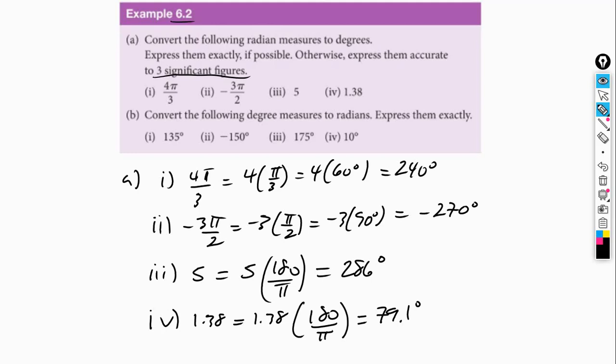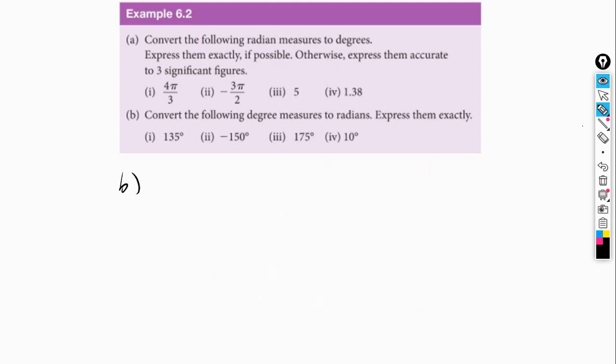So now let's do part B. So for part B, they say convert the following degree measures to radians. Express them exactly. So for number 1, we have 135 degrees. This is going to be equal to 135 times pi over 180. And this is going to give us exactly 3 pi fourths.